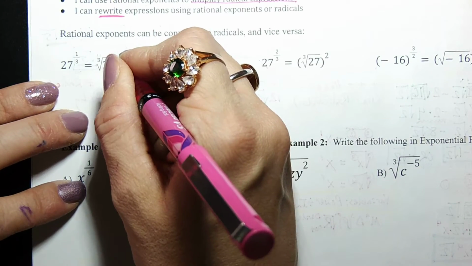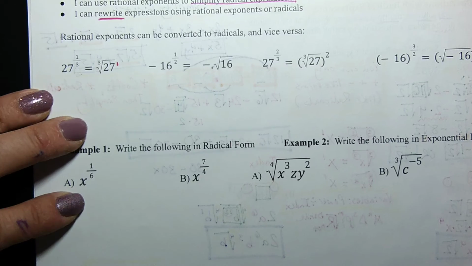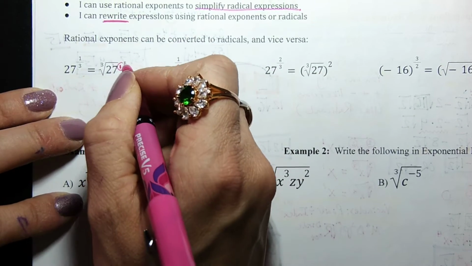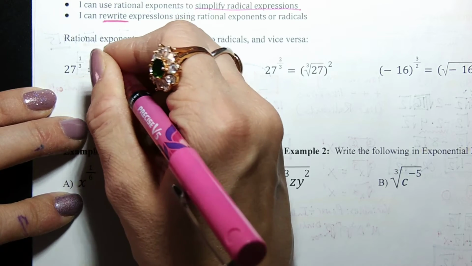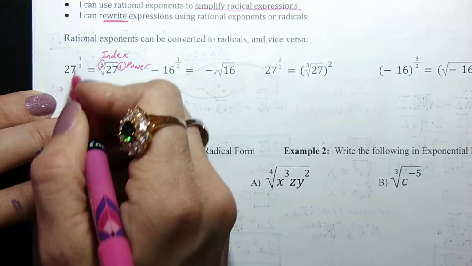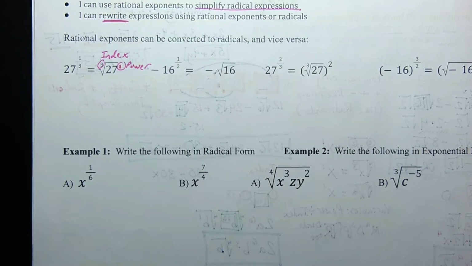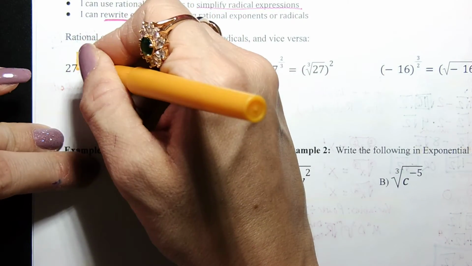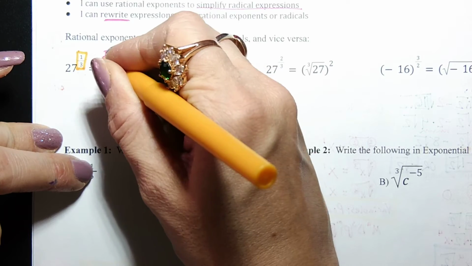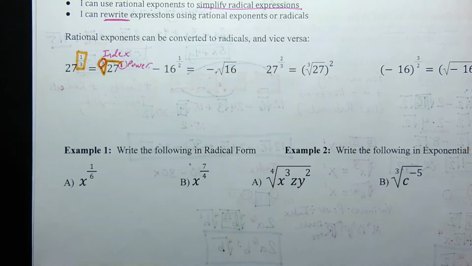The current power of the 27 would be a 1, and power divided by the index of 3 gives me 27 to the 1/3. So taking something to the 1/3 power is the same as taking the cube root of it.